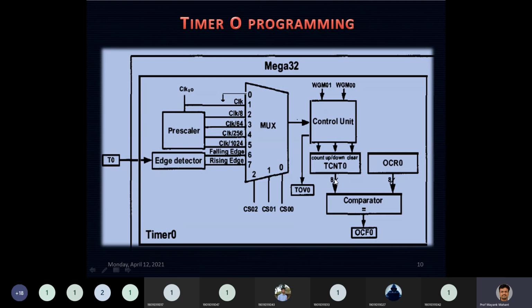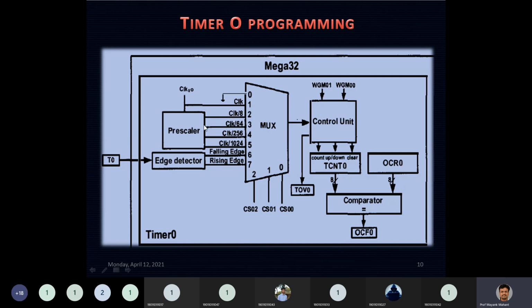So in this case, if you are directly using a clock source, then the maximum delay that can be managed with the direct clock as a source input is only 255 microseconds.